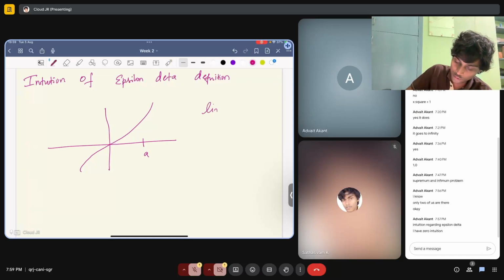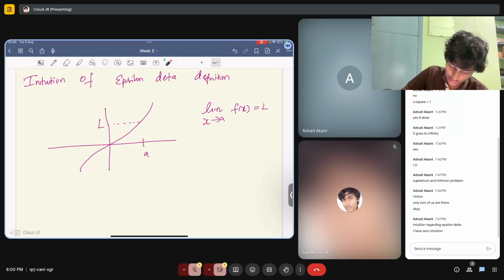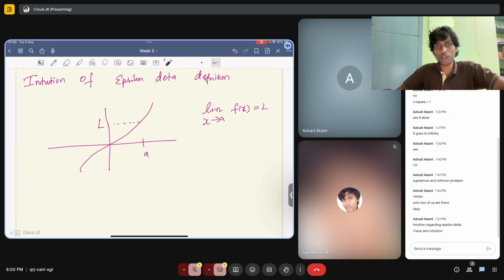So you have the intuition of the limit as x goes to A of f of x is equal to L. Let's say this point is L, and this point is A. Now you're claiming the limit, and you're seeing that as x goes to A, your f of x goes to this point L. So as x is going toward A, f of x is moving towards L.